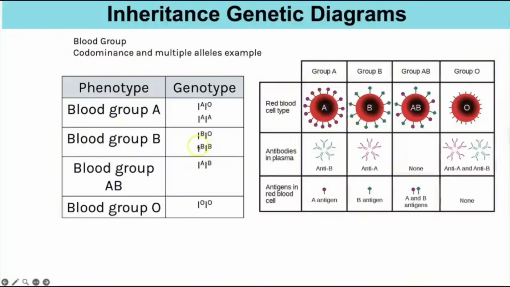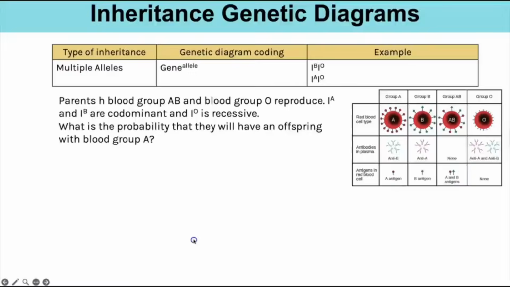Blood group B, so you could have two copies of dominant B or B and the recessive O. Because O is recessive, you are only going to be blood group O if you have two recessive O alleles. And then blood group AB is the codominant genotype, because if you have A and B, they're both dominant, they are both expressed in the phenotype. So we've got codominance and multiple alleles because we have three alleles.